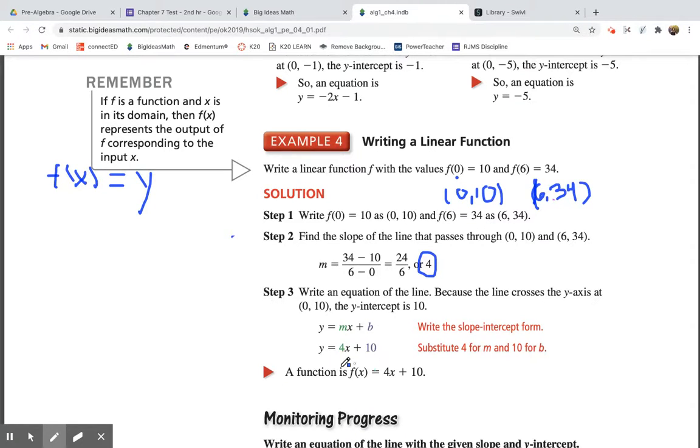Now, the only reason that's not our answer is they said write a linear function using f, a function. So you just have to go back, replace this y with f of x. Now it's a function. Bam. Okay, so that's the only difference, is instead of y, it's f of x. That's literally the only thing different. We still solve everything else the same.